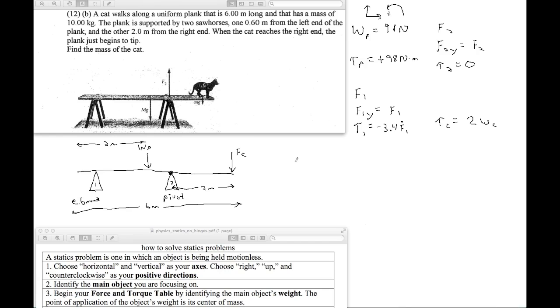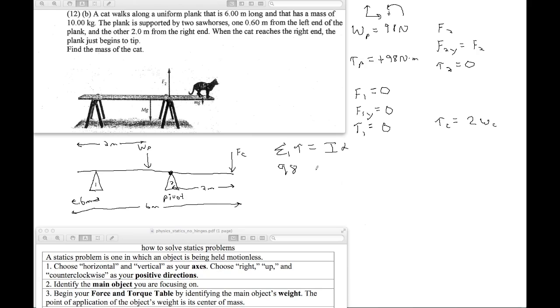Okay, that's good. So now we only have 2 torques. So now we could write the sum of the torques equals 98 newton meters from the weight of the plank minus 2 meters times the weight of the cat equals 0.